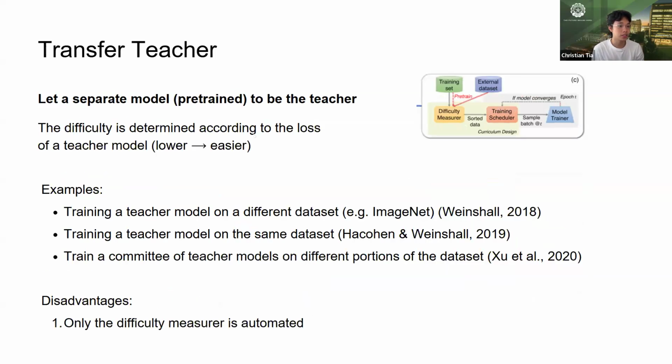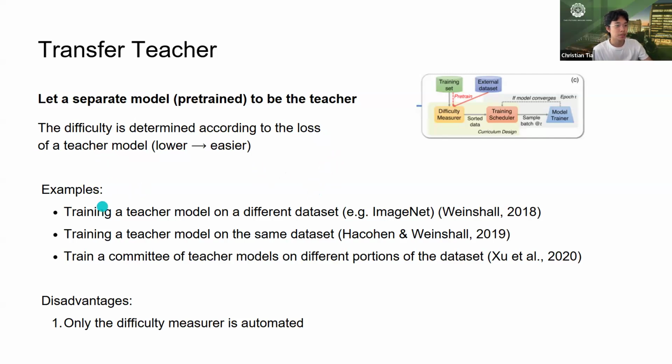Next, we have transfer teacher, which would now replace the student as the difficulty measure, and we introduce another model to be the teacher. So the difficulty is now determined according to the loss of a teacher model. Originally, the student was deciding what the loss is, but now we have a pre-trained teacher model that we use to determine the difficulty through its loss.